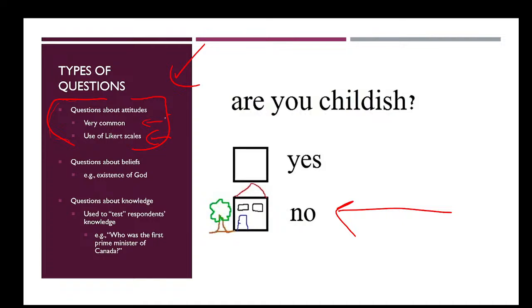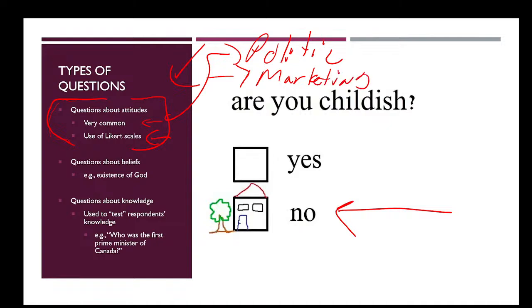Questions about attitudes, politics, marketing is all this, right? The number of times I've filled out surveys about my opinion about some brand is numerous and massive. So definitely Likert scales and all this kind of stuff. You get tons of it.